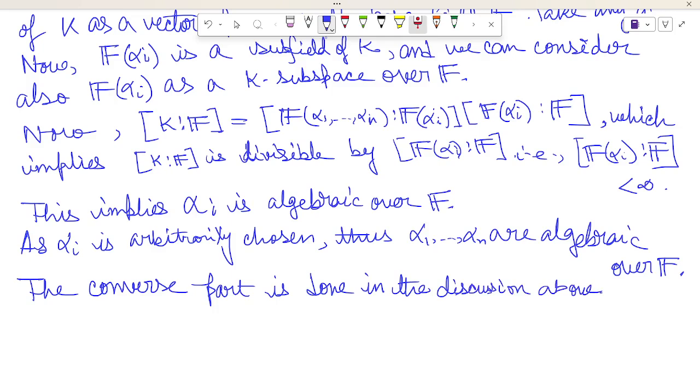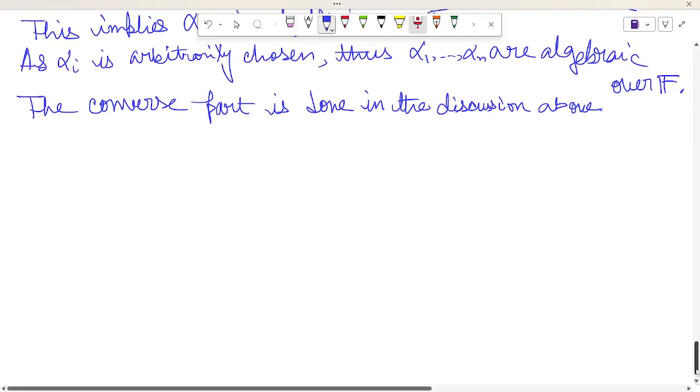Okay, so next is an important corollary.